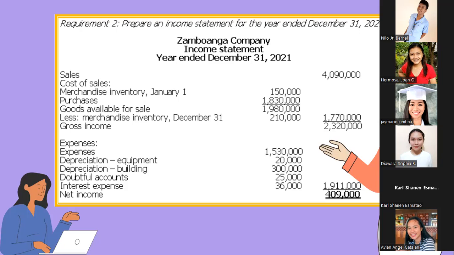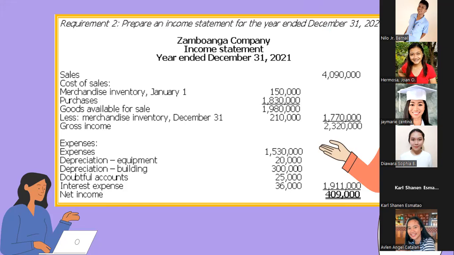Yes, ma'am. Okay. By looking at the trial balance on December 31, 2021, what is your hint that the company did not record depreciation, even from 2020, regardless of the method used?